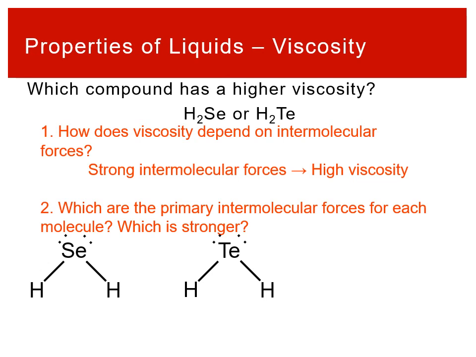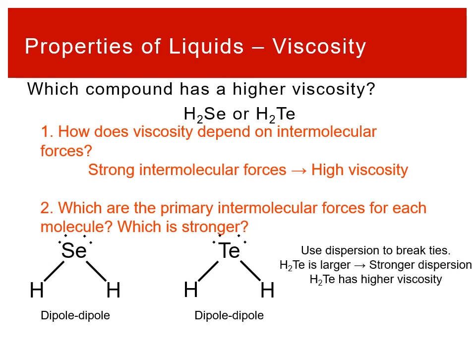So H2Se, H2Te, both selenium and tellurium are in group 6A. So we get 2 bonds and 2 lone pairs on each of them. These are both polar molecules. There are lone pairs on the central atom, meaning they're polar. Dipole is the primary intermolecular force. So we have a tie. Neither is stronger than the other, and we need to use dispersion.